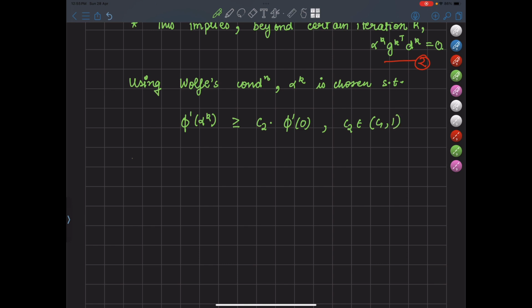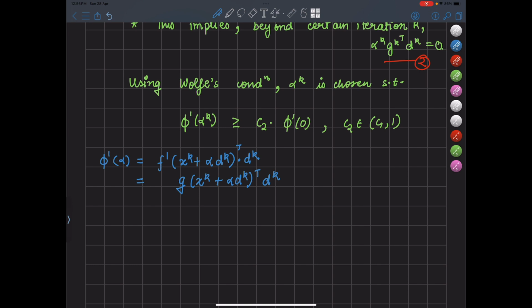From this we can write, let's see what phi dash alpha is. So phi dash alpha is f dash at xk plus alpha dk, dot dk, which means g of xk plus alpha dk transpose dk.